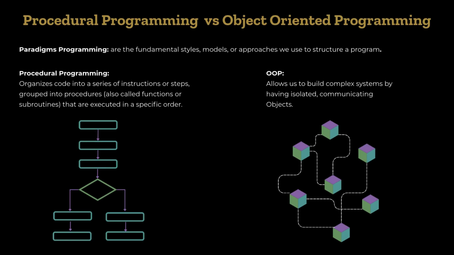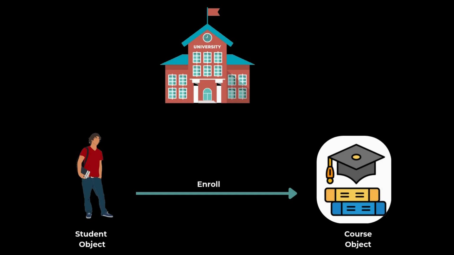In contrast, look at the illustration for object-oriented programming on the right. Here we build systems out of distinct, separate objects that interact with each other. For example, imagine a university system. Instead of writing a long procedure to enroll a student, we have a separate student object and a separate course object.